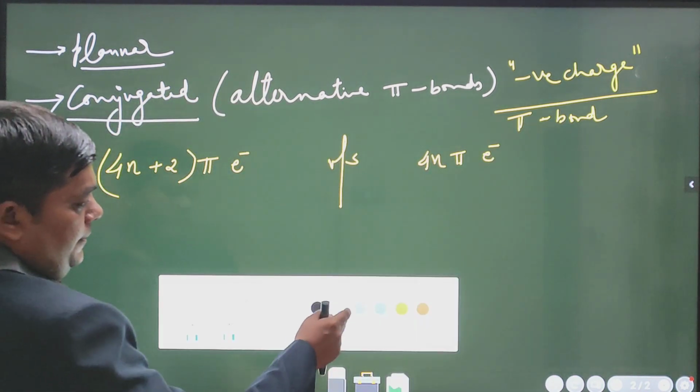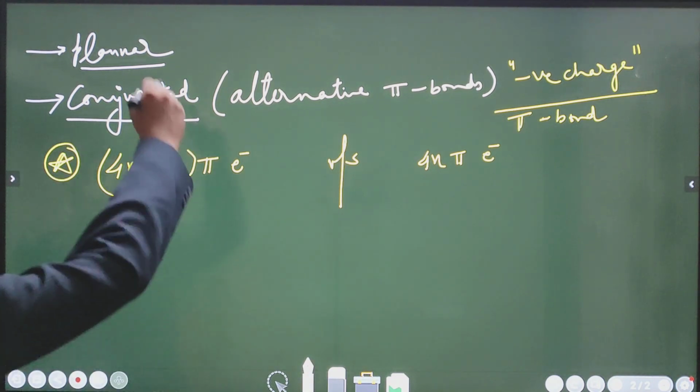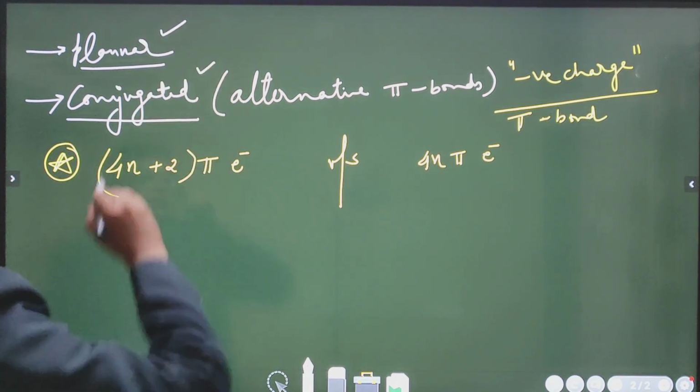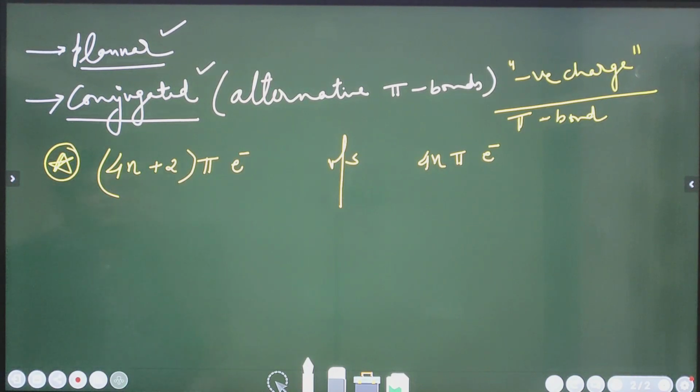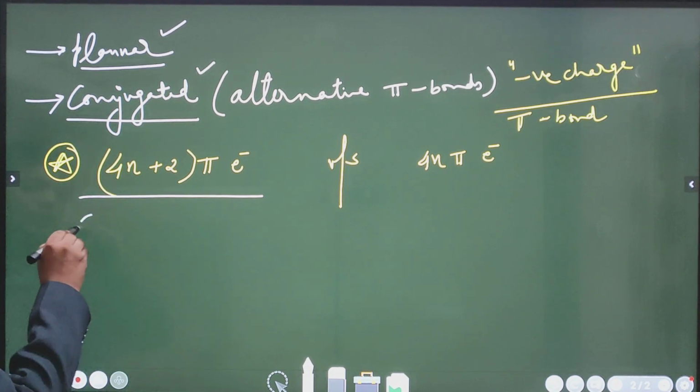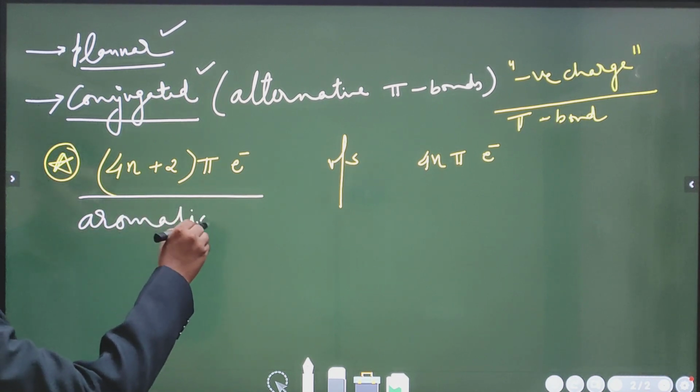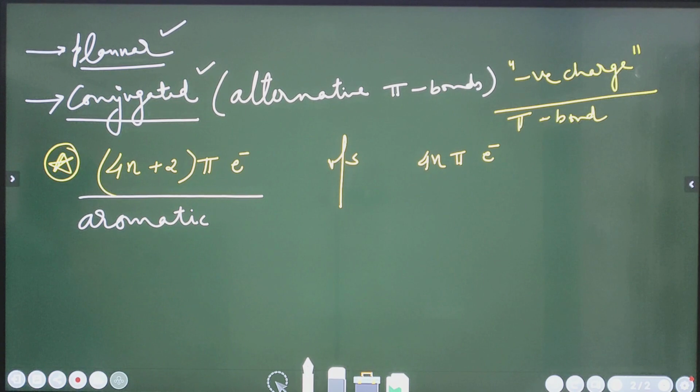If your structure is planar, if your structure has a conjugation and your structure obeys the rule 4n plus 2 pi electrons, in most cases the molecule has to be aromatic.